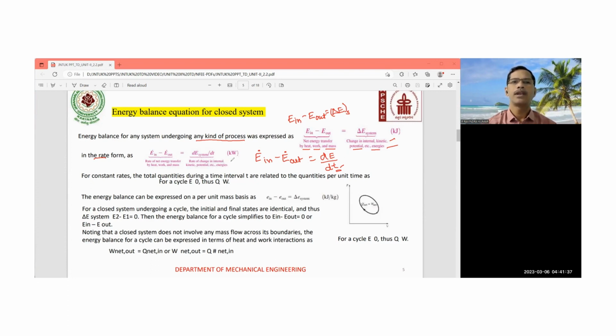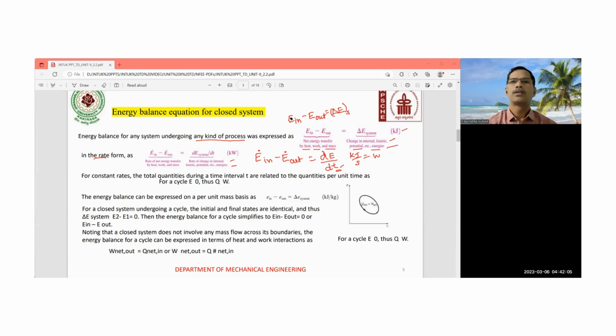Rate of change in internal energy, kinetic energy, potential energy, all kinds of energy. So this is the change in energy of a system. So observe the units here. This is kilojoule and this is kilojoule per second, that is nothing but watts.